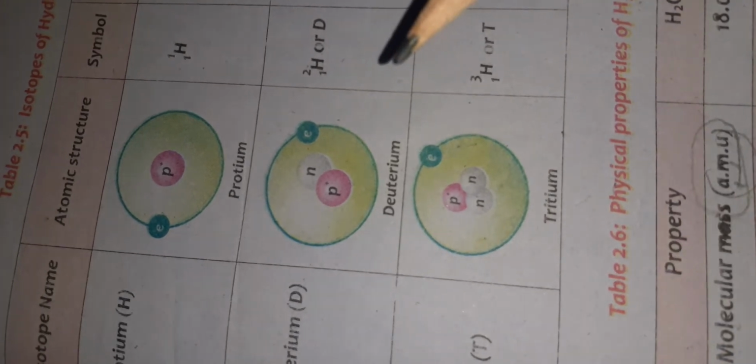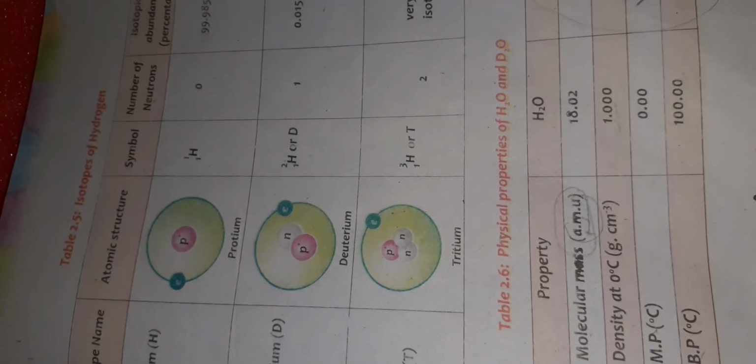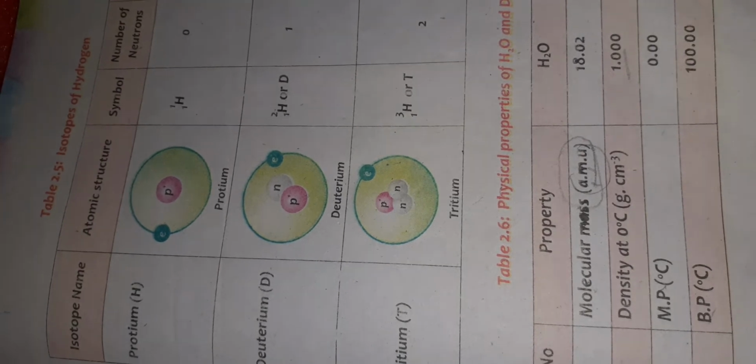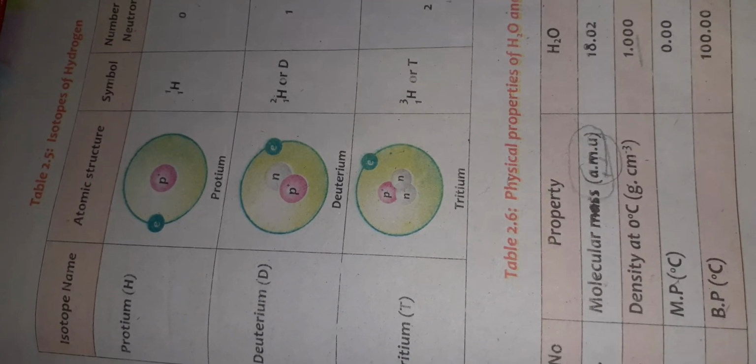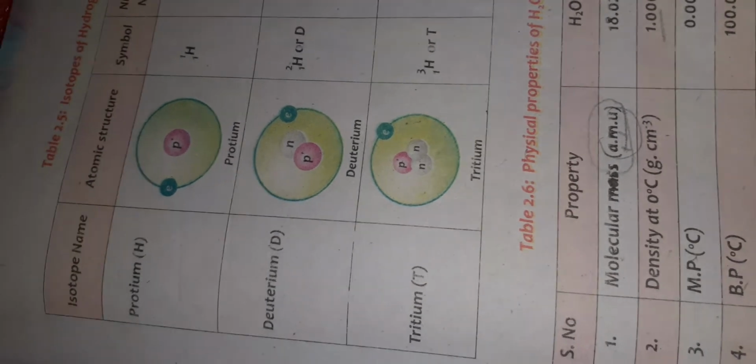So if the number of neutrons is more, the density and all those properties will be more or change from each other, right?